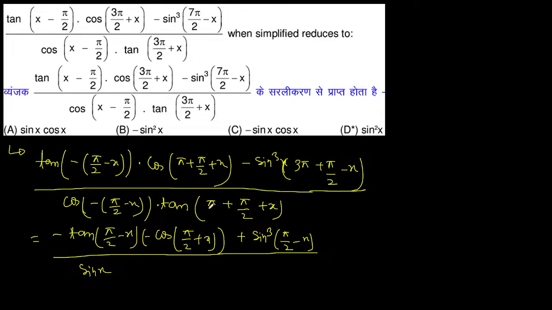Tan pi plus theta is tan theta, it will become minus cot x. Further going, it is minus cot x. Cos pi by 2 plus theta is minus sin theta, it will become sin theta, sin x plus cos cube x upon minus cos theta, cos x.